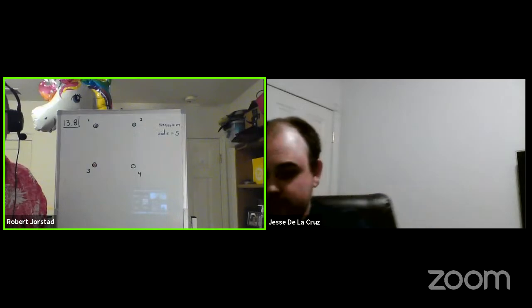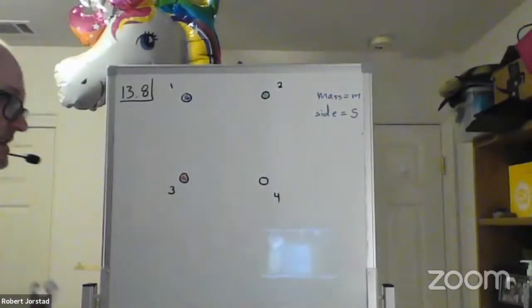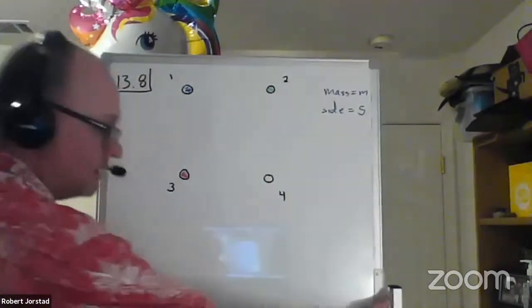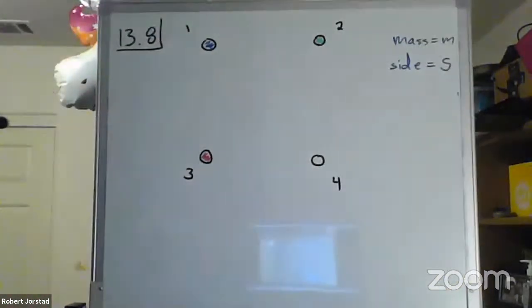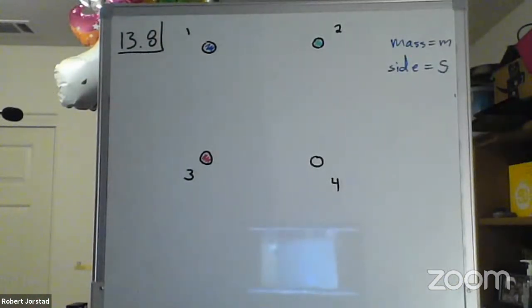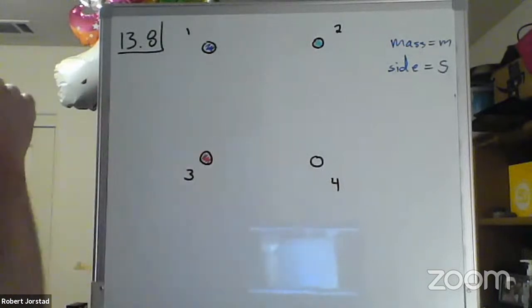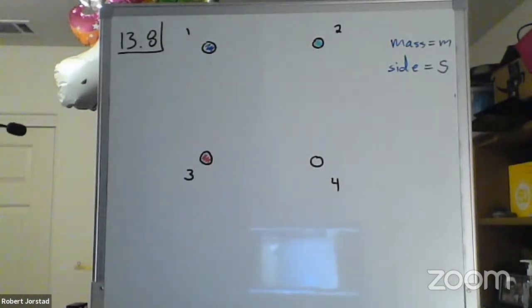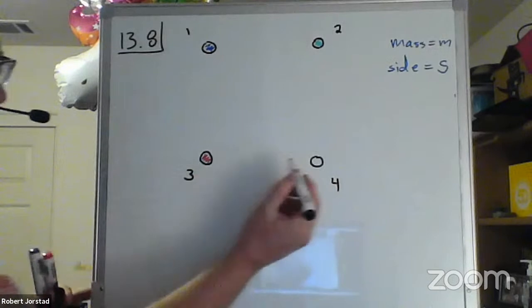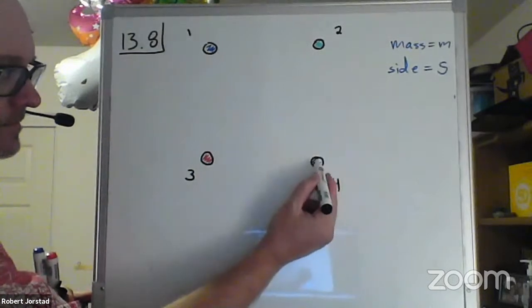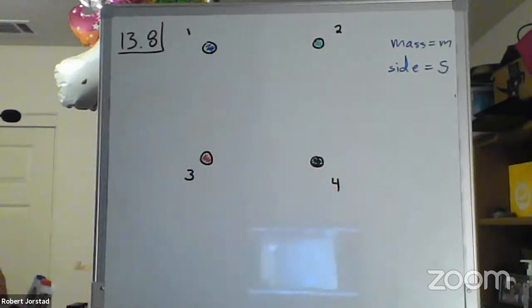Okay, so we've got this situation right here. We've got 1, 2, 3, 4. And we want to get the net force on this 4th mass down here. What's the first thing that we might do? Anybody?